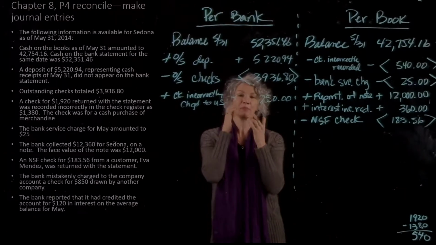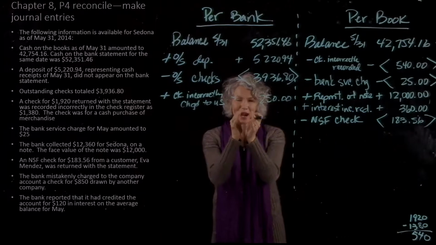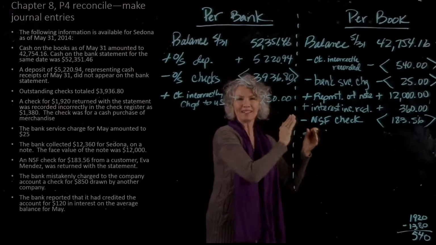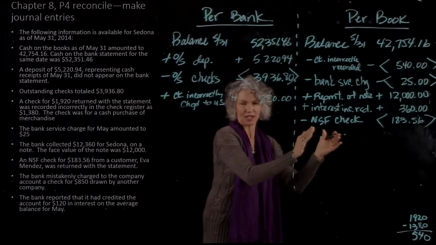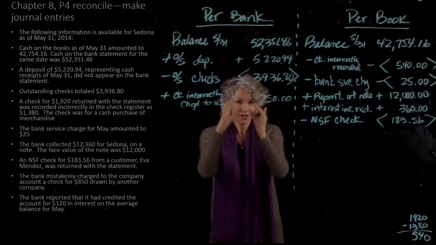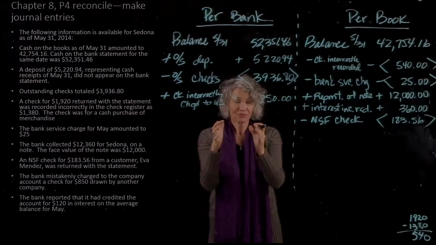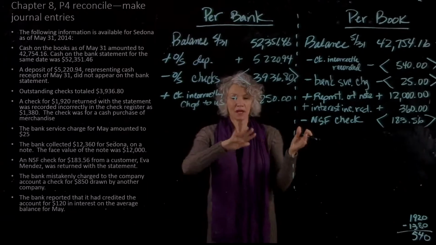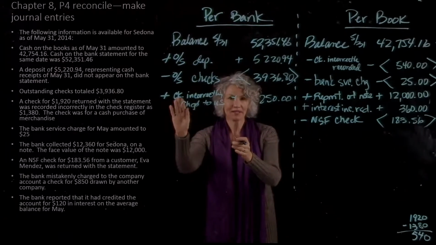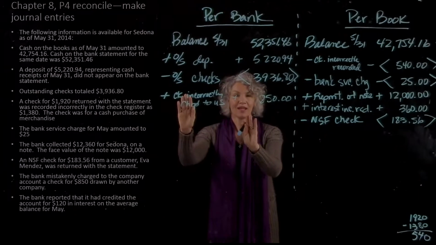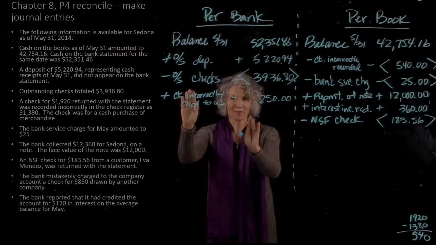And remember that when the bank credits our account to give us more cash, we debit our account to increase cash. Why does the bank credit us when they give us more cash? Because they owe us. See? When you take money to the bank, they debit cash and they credit your account because they owe you that money and you can come get it anytime.